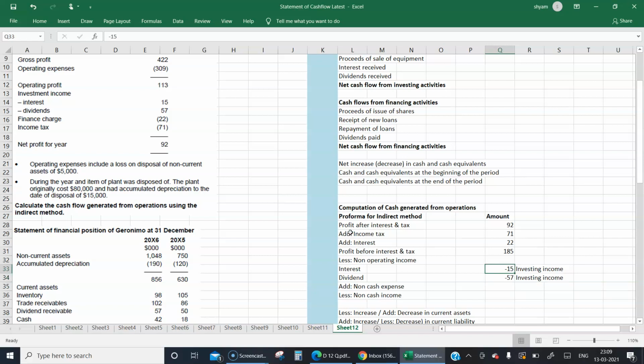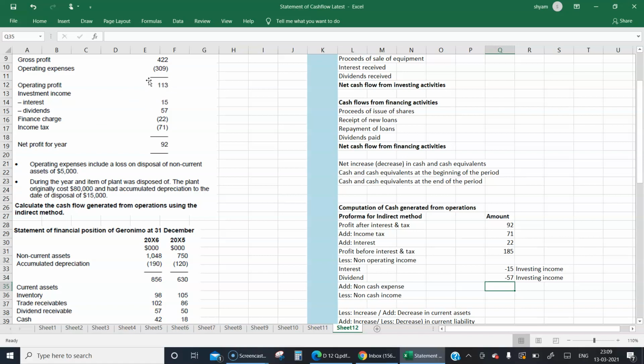As we are doing it now, we will immediately take these numbers and also put them in some other area, like this: dividend and interest. We'll take them out, and we have come up to the operating income.